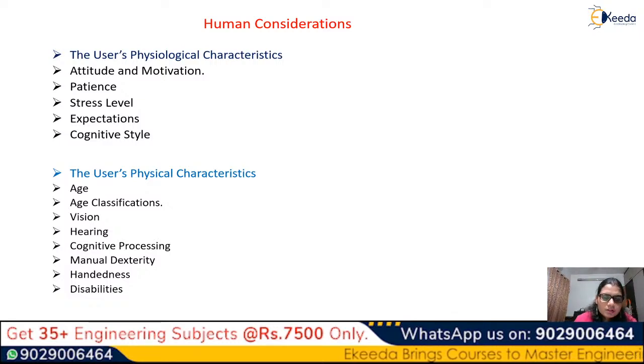Then you have a stress level. Nowadays some people are really affected in their health. Normally many people have diabetes, they have high cholesterol, so the stress level goes up.